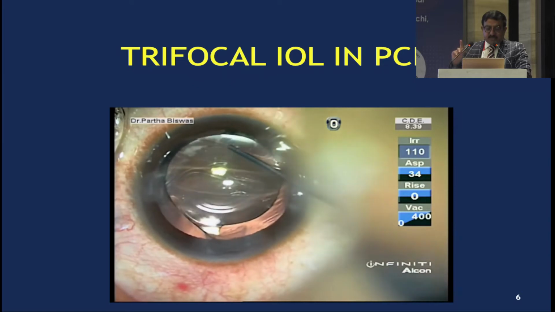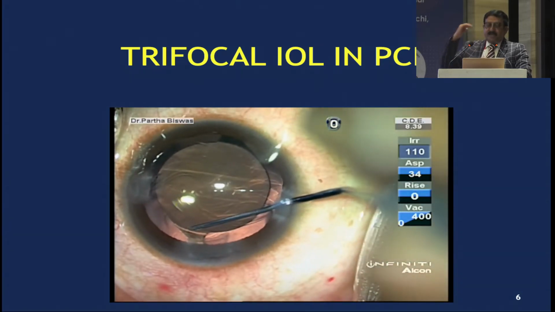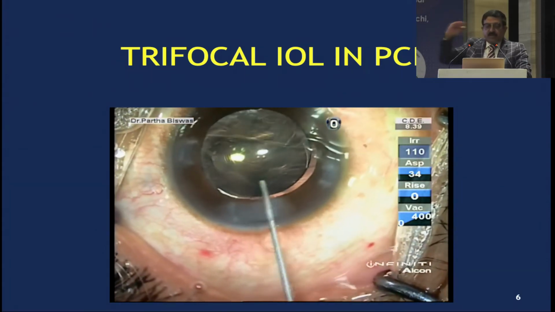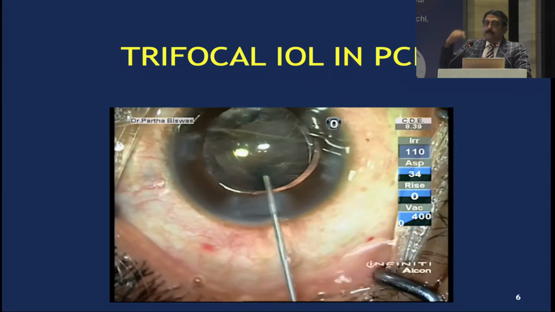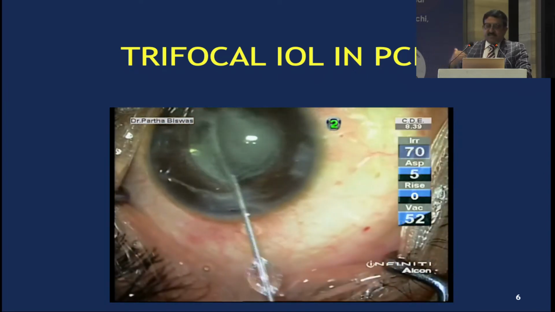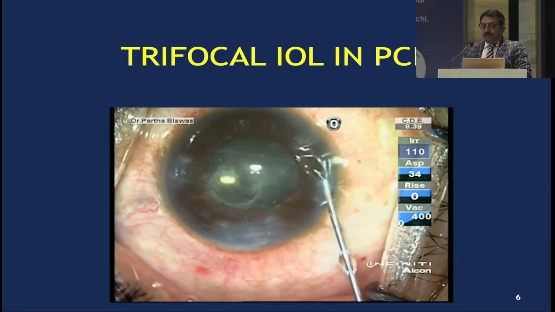That is the first trick. The second trick is, once one haptic has gone into that place between the posterior capsule and the anterior capsule, placing the second haptic, again knuckling it so that it just fits in. But of course, most important is the use of triamcinolone.